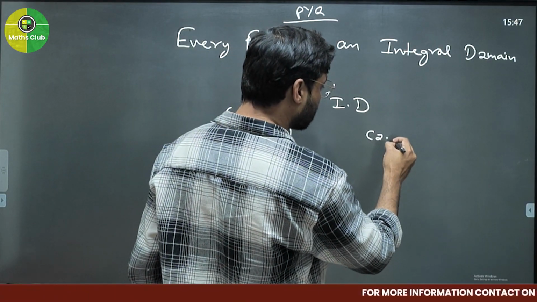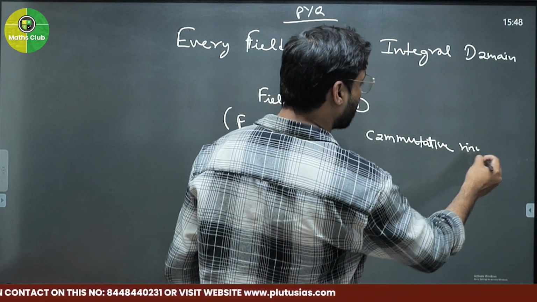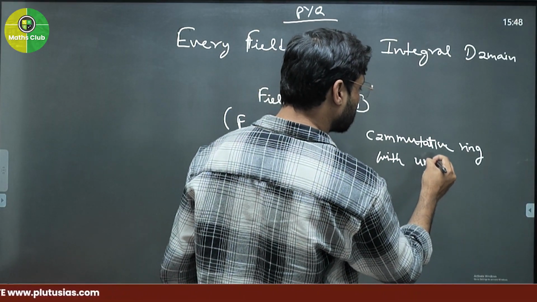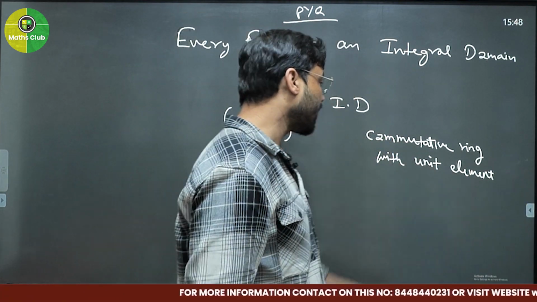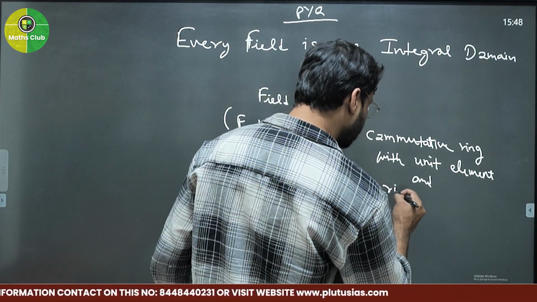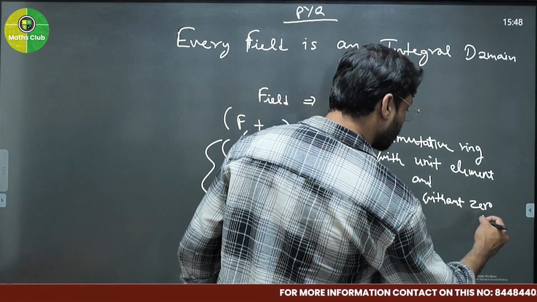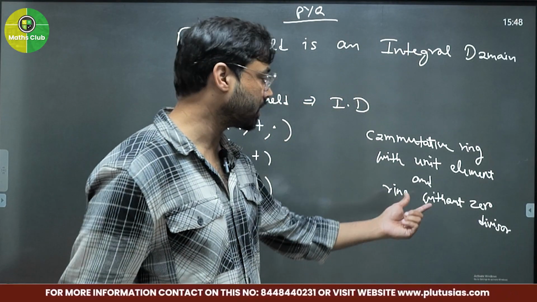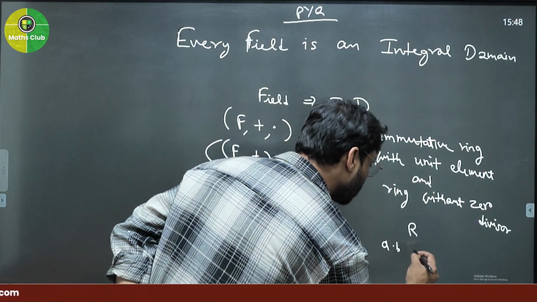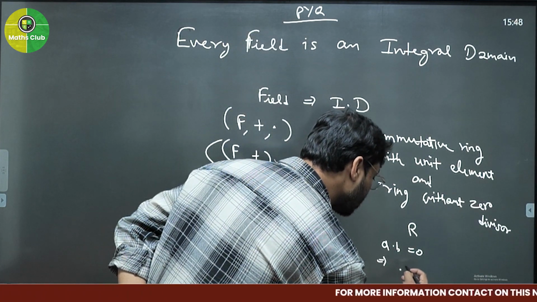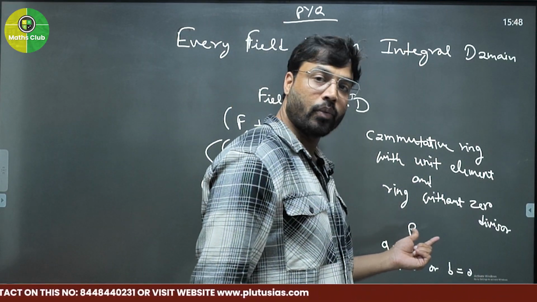Now what is an integral domain actually? An integral domain is a commutative ring with unit element and without zero divisors. What does a ring without zero divisors mean? If R is a ring without zero divisors, then whenever a·b = 0 in R, it implies that either a = 0 or b = 0.